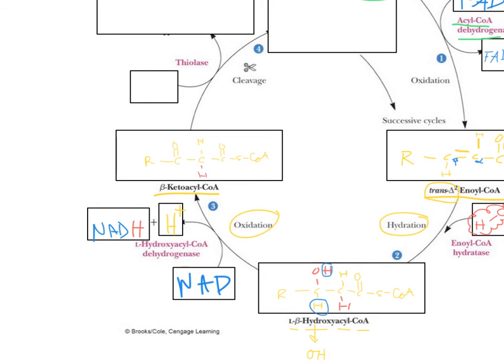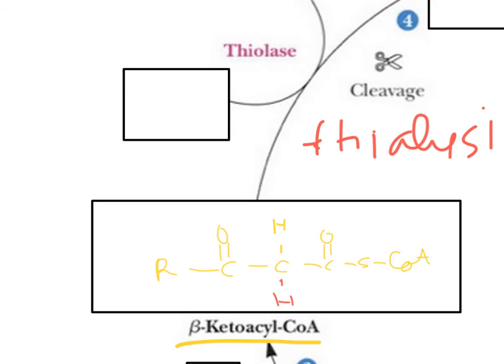All right, and then the last step is cleavage, also called thiolysis. And here's where we're going to get our acyl-CoA to come off, and we're going to shorten the chain by 2 carbons. So this CoA is going to come in and attack the beta carbon.